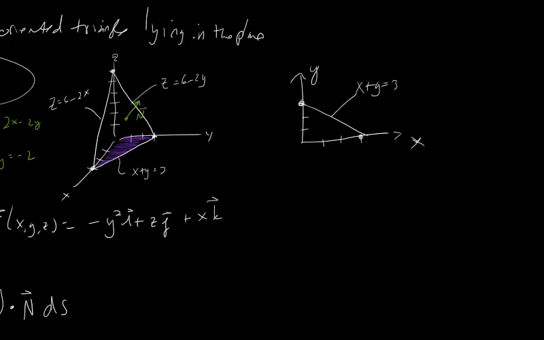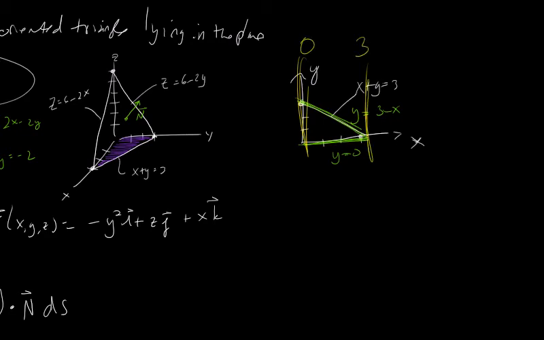So we can choose to integrate with respect to y first or with respect to x first. It does not matter. I'm going to go ahead and do it with y first. So our lower boundary for this region is y equal to 0, and our upper boundary is going to be y equal to 3 minus x. Then our boundaries on x are just going to be 0 to 3.